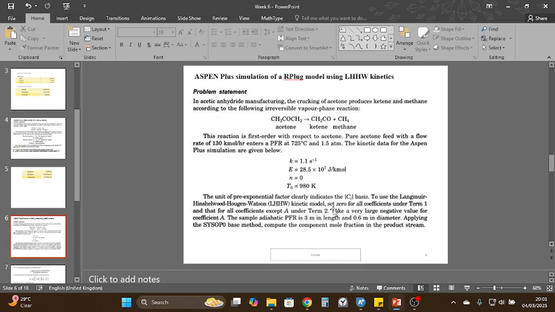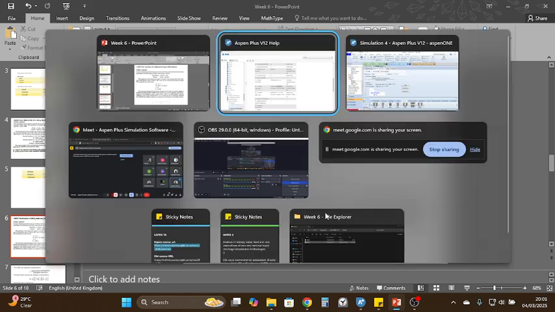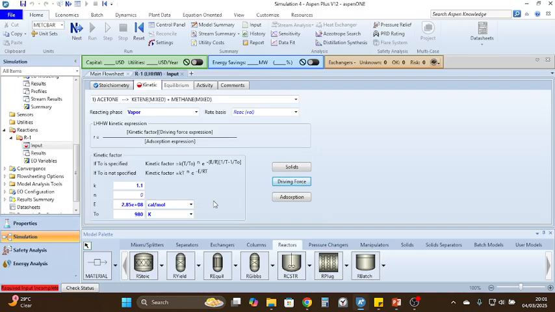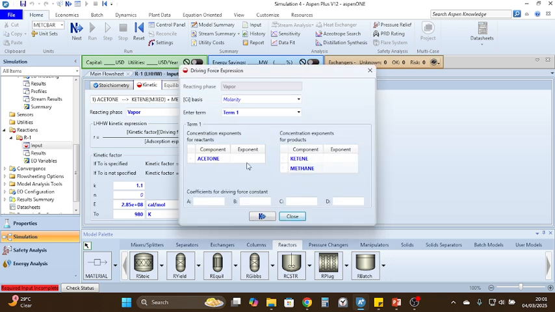So here it is telling under term 1 and for all coefficients except A under term 2. Coming to driving force, the exponent over here is 1, this is 0, and this is 0. Concentration exponents for reactants: for term 1, all of these values are 0, and for term 2, this is 0.